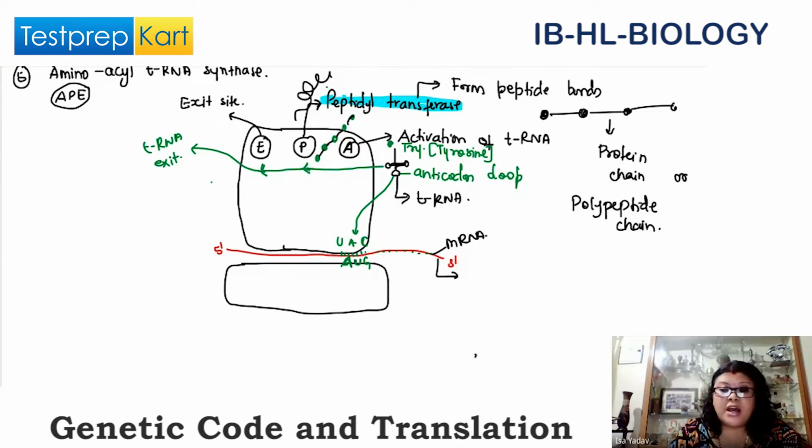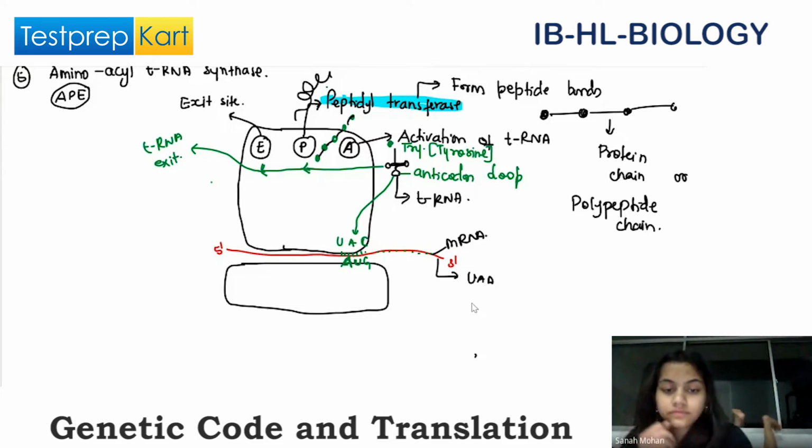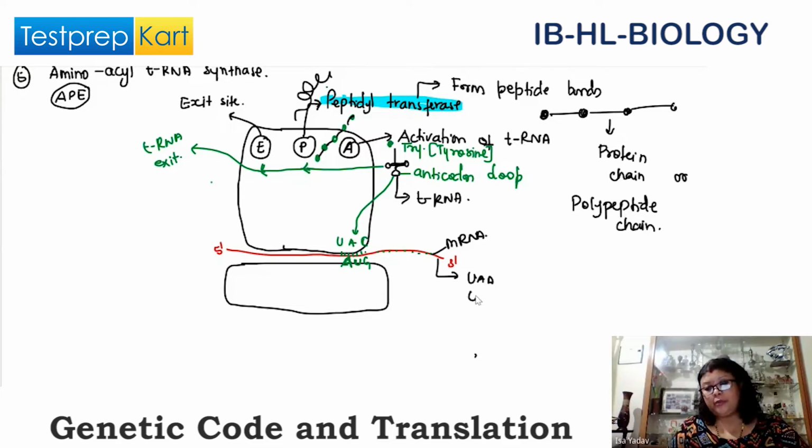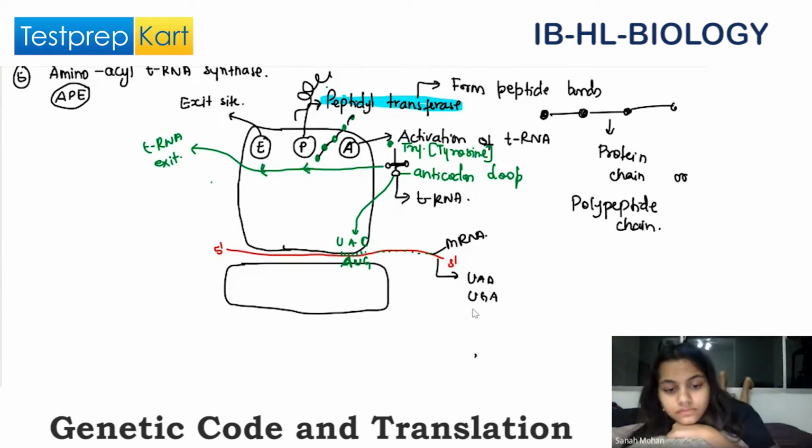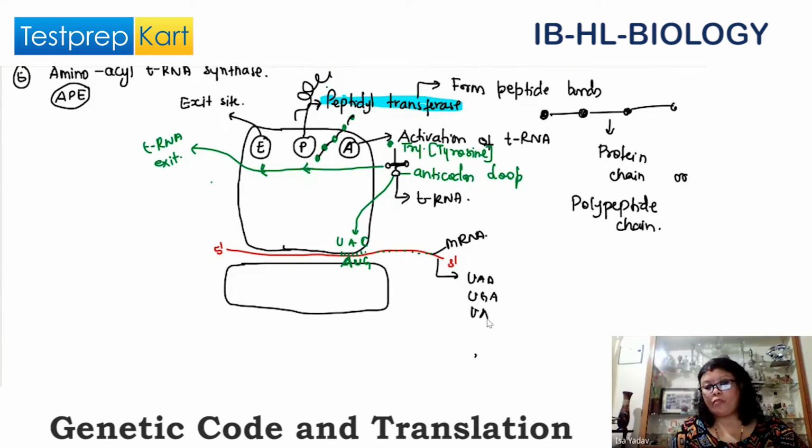Stop codons are either UAA, UGA, and UAG. Clear?